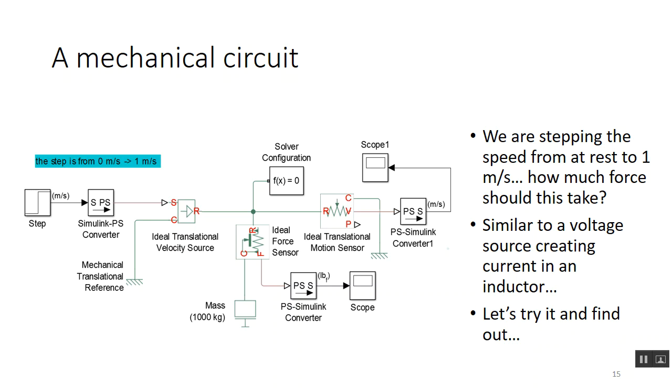The acceleration is the slope of that, and so the derivative's infinite. So the analogy here is a voltage source creating a current in an inductor. You can't just do it that fast. It takes a little bit of time to get going. So let's build this real quick and try it out.